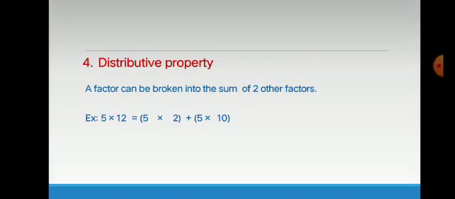When you multiply 5 with 12, you will get 60, and the same way when you split 12 and multiply these factors 2 and 10 with 5 and then add these numbers, you will also get 60 here. So these products are same. This property is known as distributive property.